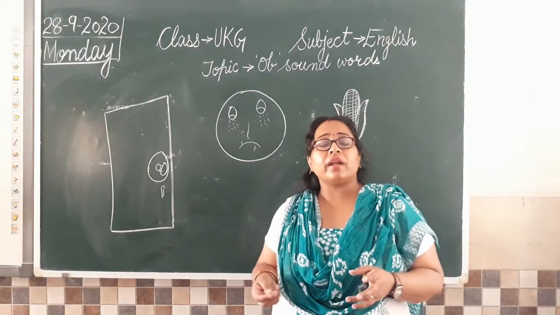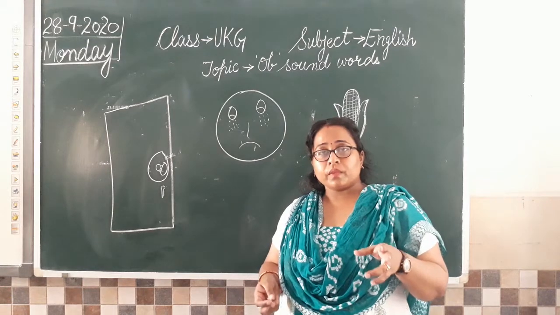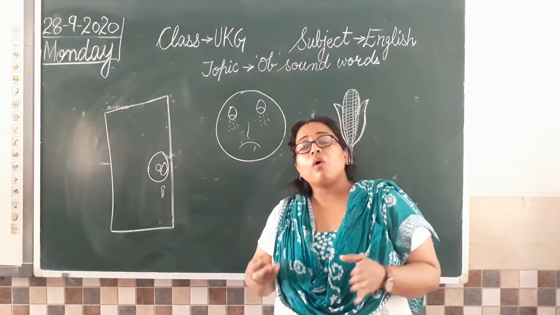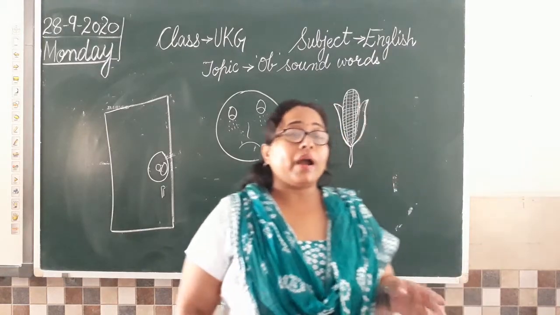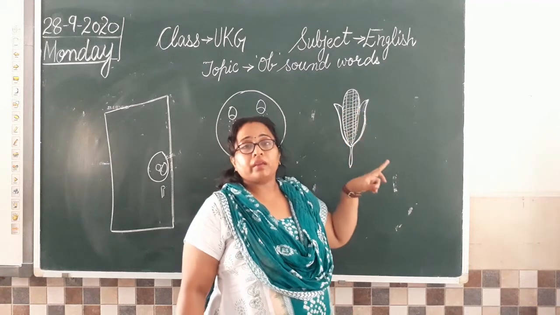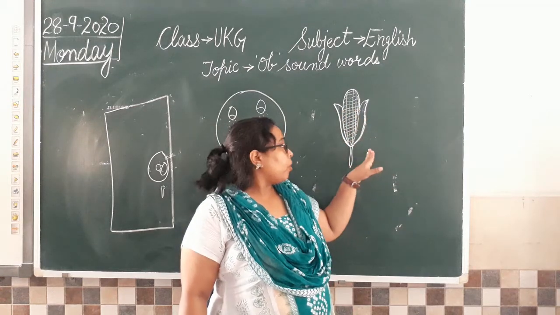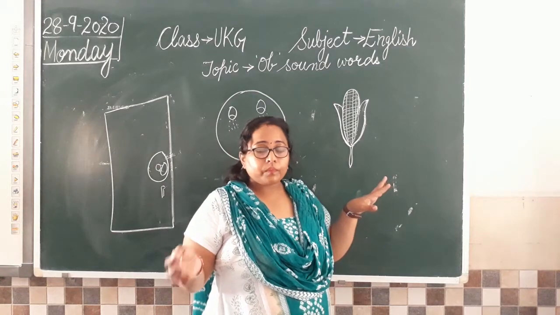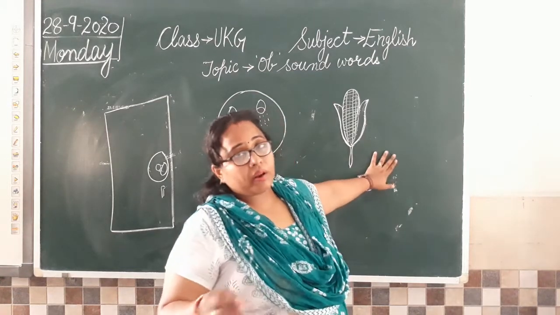There I told you that corn cob, bhutta. You remember that? Bhutta. So what are these? What we call that? Cob. I told you corn cob. Corn होते हैं जो इसके अंदर लगे होते हैं मक्के के दाने. And cob, what we call it? Cob. K, ob, cob.